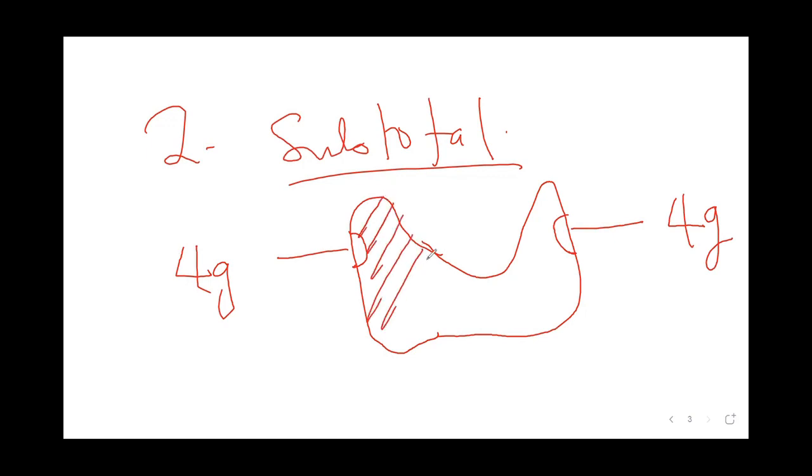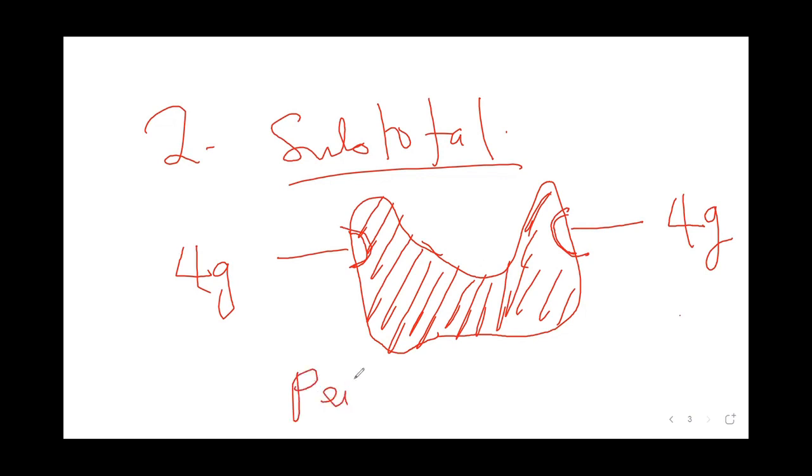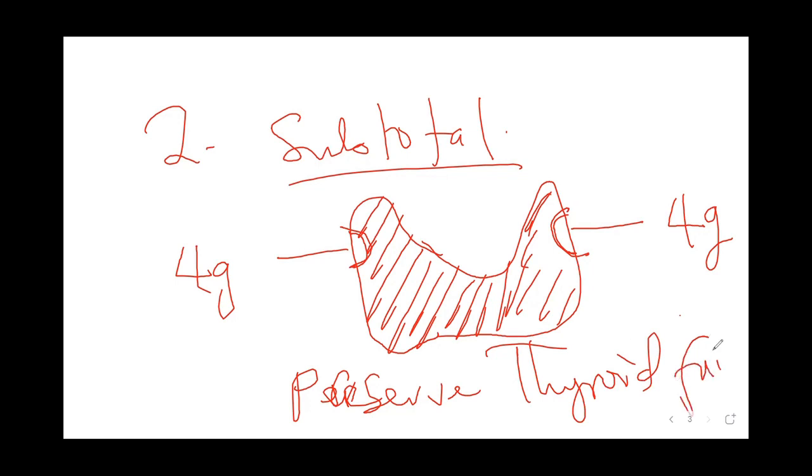So you remove the entire lobes and the isthmus, leaving 4 grams of tissue on each lobe. The reason for this is to preserve the thyroid function so that patients don't have to be on thyroxine for life.